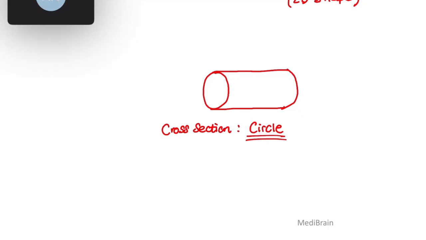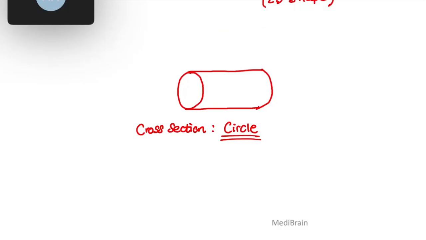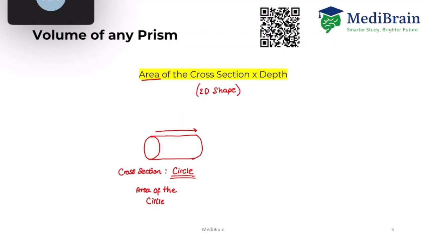Now, because the cross section is a circle, we're going to work out the area of the cross section, so we're going to work out the area of the circle, and then multiply it by the depth. The depth is how much through the shape that it goes. So if we go across, that value there would get you your depth.